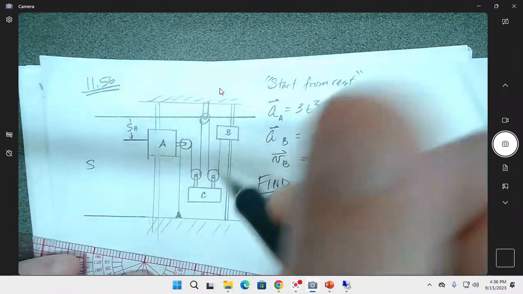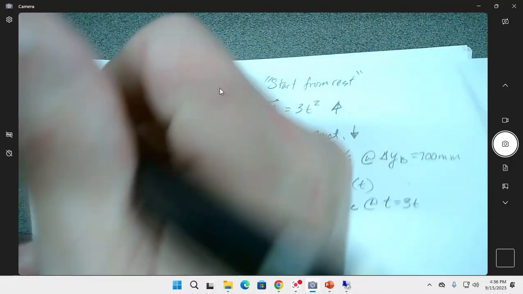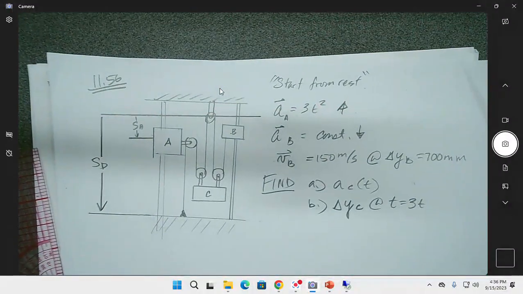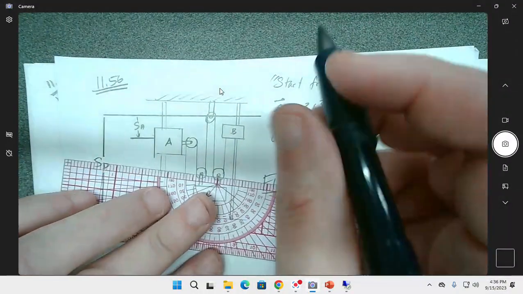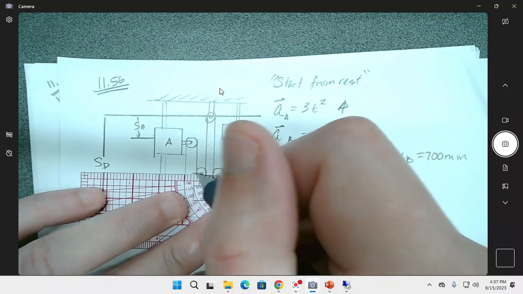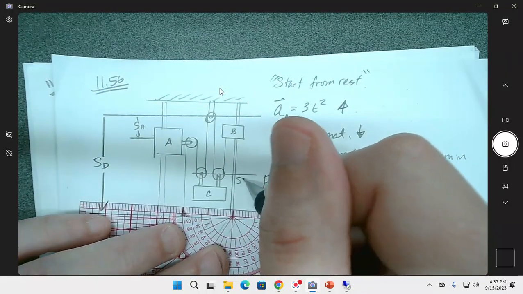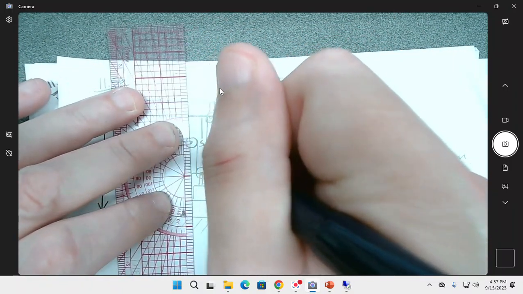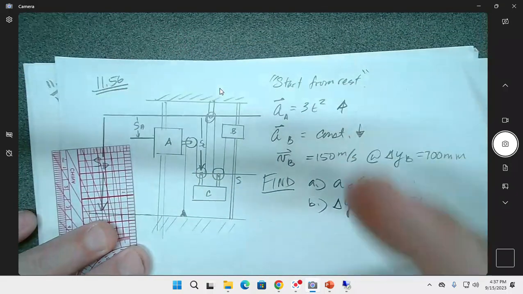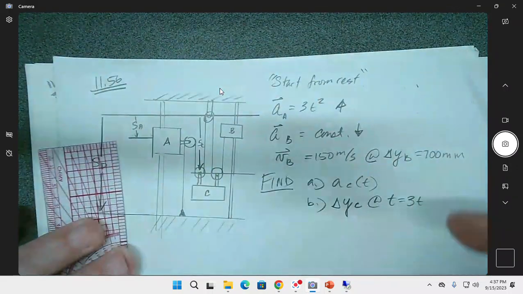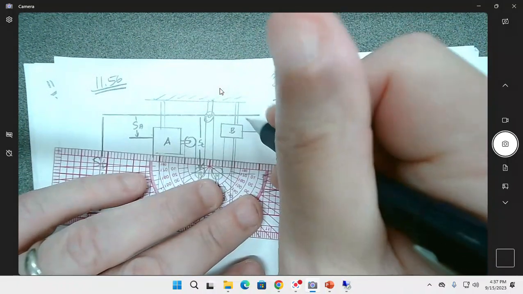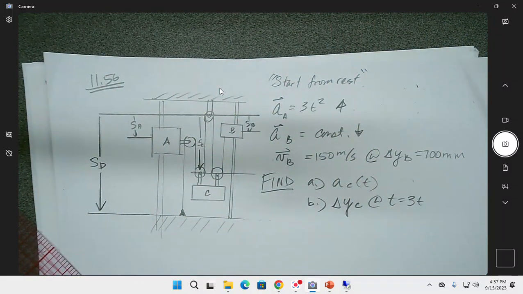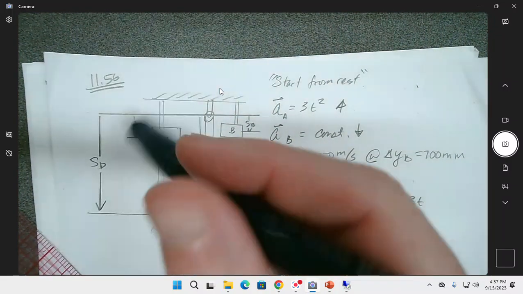Make this SD. Make this SC. I don't have a great place to put it, so I'm putting it in a lousy place. And then lastly, SB.